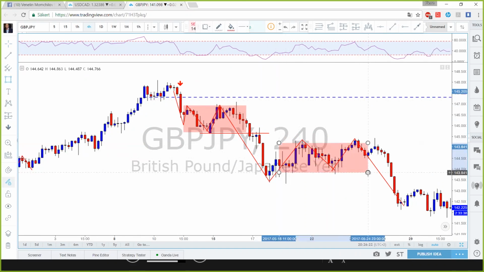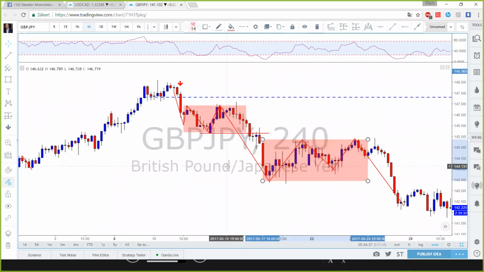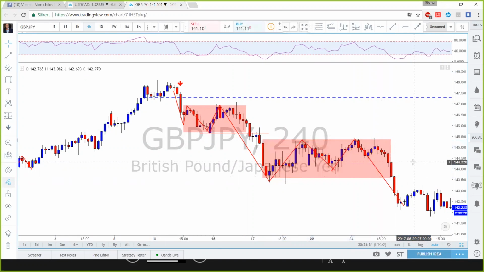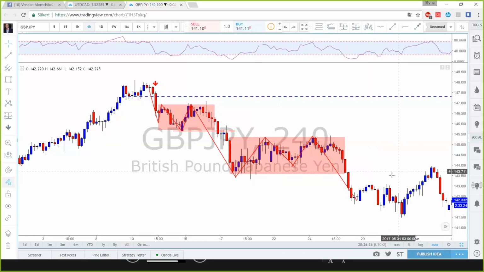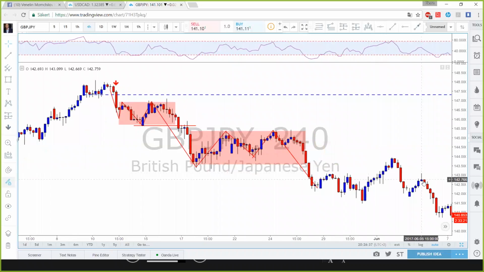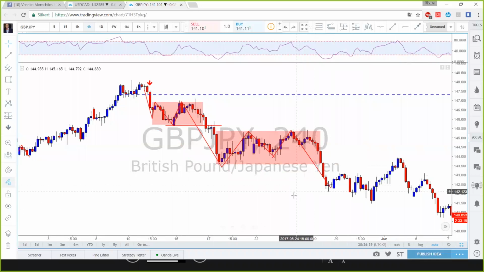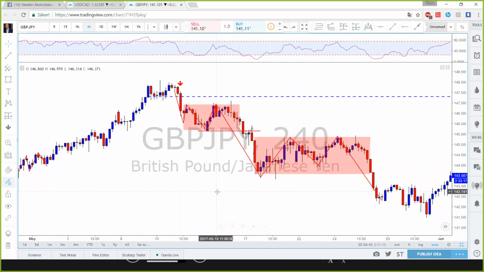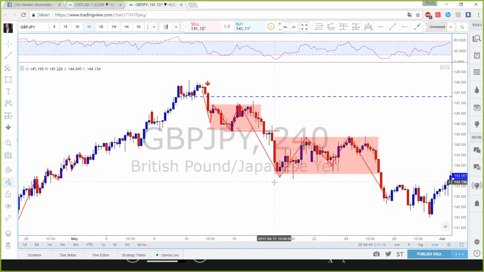One more time, that is how price moves. It gives you an impulse, up or down, some consolidation. If it's going to continue down, it's going to give you another impulse, some consolidation, and another impulse to the downside. I think in this picture here, you see the whole market structure, how price moves.